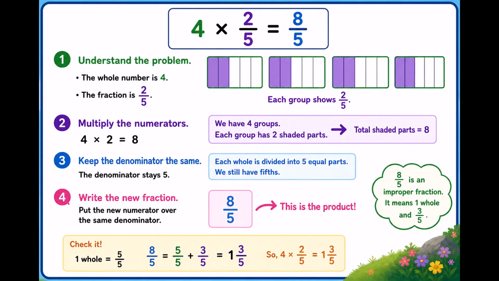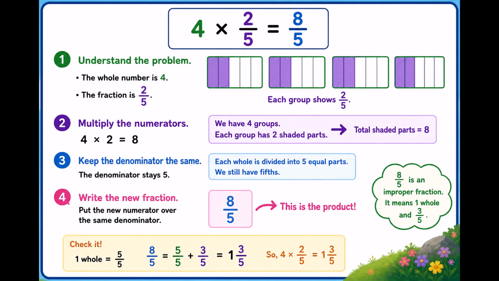Each group is 2/5. Step 2, multiply the whole number by the numerator. That means 4 times 2 equals 8. And then step 3, keep the denominator the same.